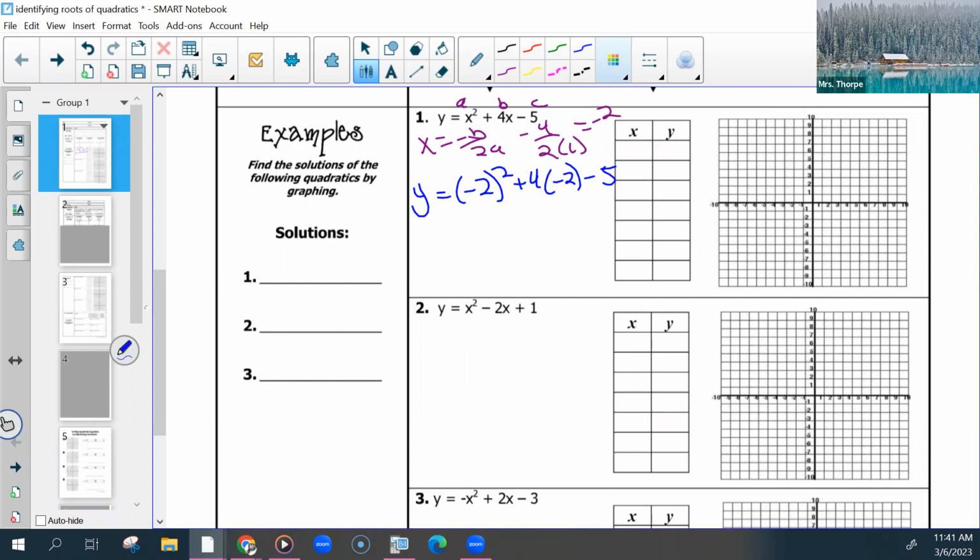How you do that is up to you. I'm gonna do it in pieces. If you put it all in your calculator together, that's fine. So this should give us -4 minus 5 is -9. Then we would have our vertex, -2, -9.